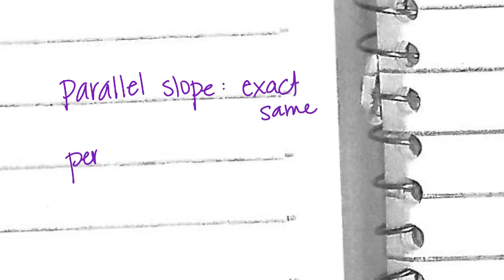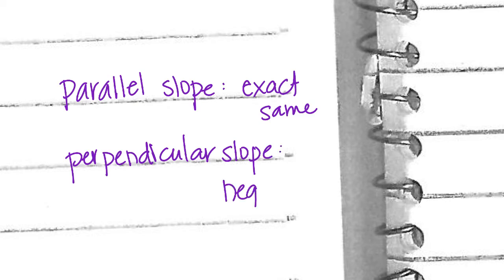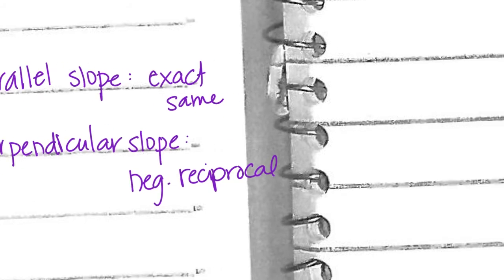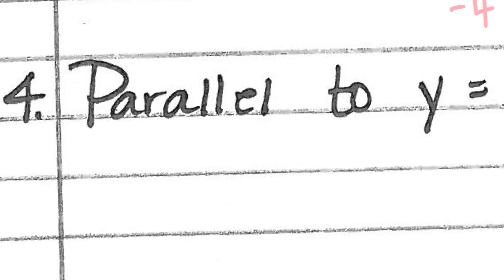A perpendicular slope is going to be the negative, or the opposite, reciprocal. Something that you should remember, we did it a little bit in Algebra 1, and we're going to do it a lot in Algebra 2. So let's look at the first one.